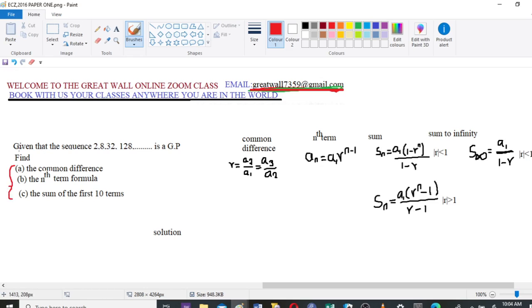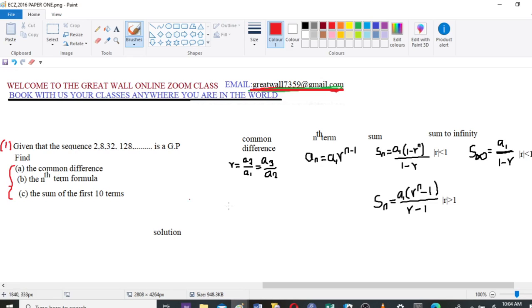This is our first question under geometric progressions. The question says, given that the sequence 2, 8, 32, 128, and the list goes on, is a GP. This time we've been told this is a geometric progression.